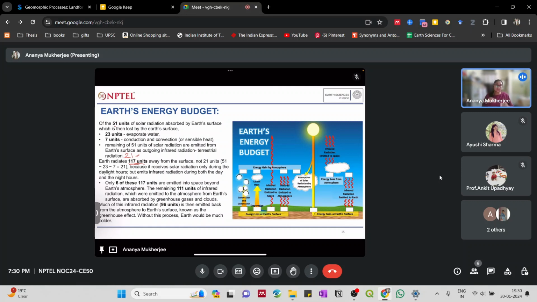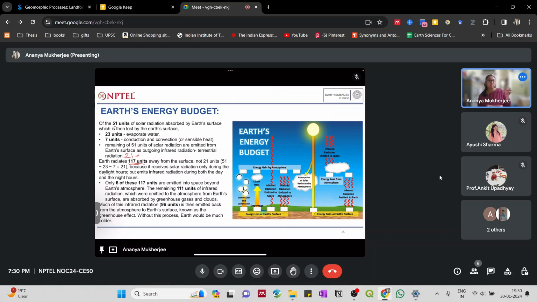Okay, so much of this infrared radiation, almost close to 96 units, is then emitted back from the atmosphere to the Earth's surface. So the infrared radiation, 111 units, is absorbed by the atmosphere, the clouds and the greenhouse gases. Now, out of those 111, 96 units are again emitted back from the atmosphere to the Earth's surface. Okay, this is the greenhouse effect.